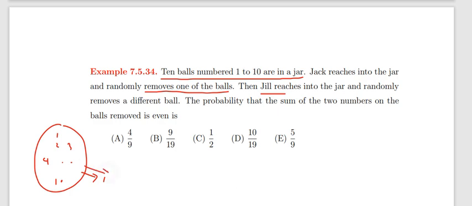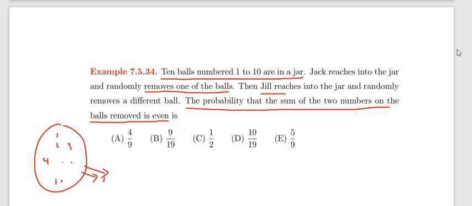Basically, the first guy removes 1, the second guy removes 1. The question is the probability that the sum of the two numbers on the balls removed is even. So from the 10 numbers, pick 1, then pick 1, then add them up. We want this to be even.